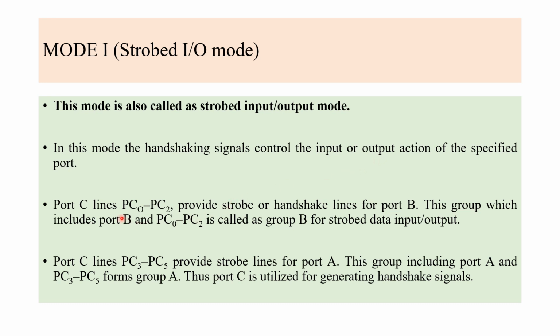So here, port C lines PC0 to PC2 provide the handshake lines for port B. So if you are doing an input or output activity in port B, handshaking is done using PC0 to PC2 bits. And in port A, handshaking is done using PC3 to PC5. Thus, in mode 1, port C is utilized for generating handshake signals.